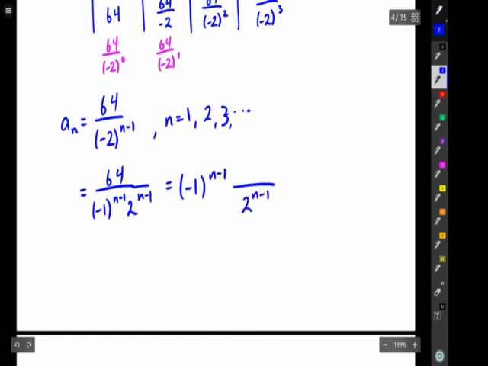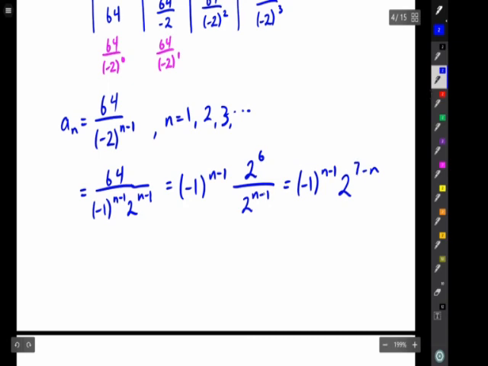And write this. Now 64, let's see, that's 2 to the 1, 2, 3, 4, 5, 6th power. 2, 4, 8, 16, 32, 64, yeah, 6th power. So if you really wanted, what we could do is write this as negative 1 to the n minus 1 times 2 to the, no, sorry, not 5, 7 minus n.